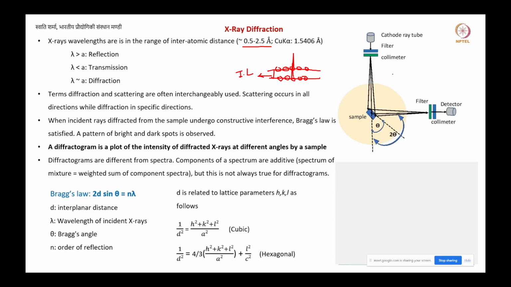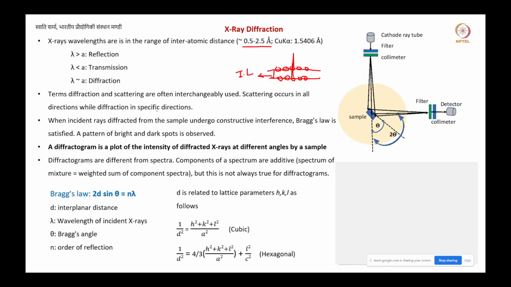Here you can see the schematic, or pictorial, of how it works, which I will explain also. We also have some numerical questions after this that we are going to solve, which will be helpful for your assignments. The terms diffraction and scattering are often used interchangeably. Scattering occurs in all directions, while diffraction is in a specific direction.